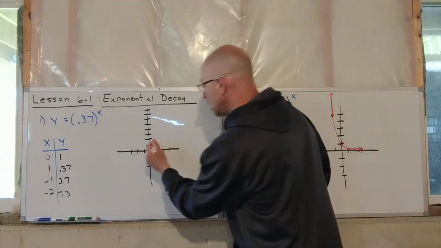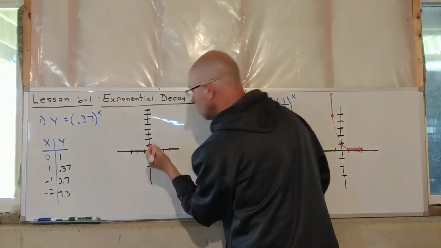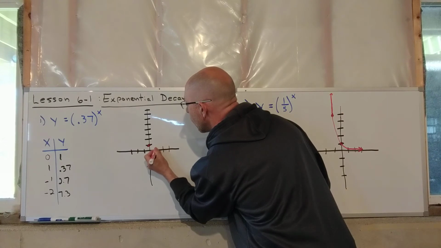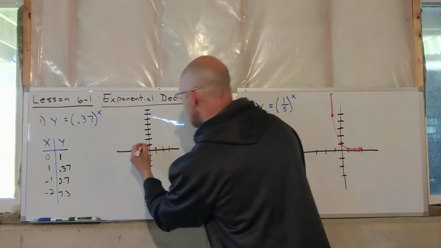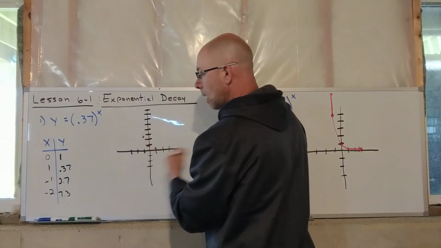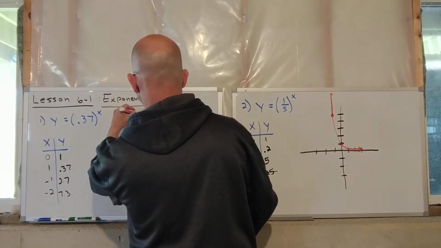Okay, 0, 1, right here as it always is. 0.37. That's like right there. Again, really low, really close to the x-axis. Negative 1, 2.7 is about right there. And then negative 2, 7.3 is like right there.